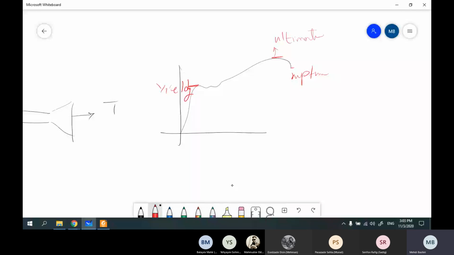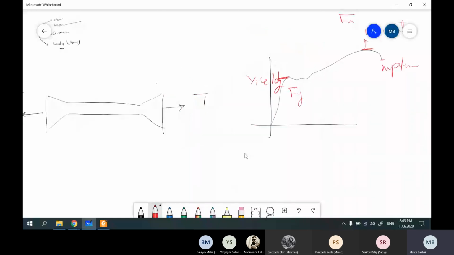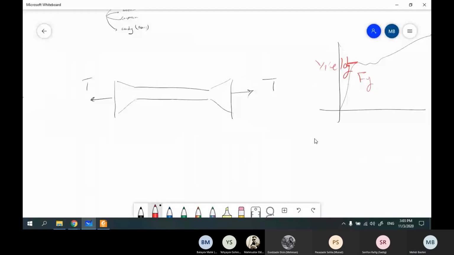We show it with Fu and we show yielding with Fy. Y stands for yielding, U stands for ultimate. So we have two failures, and when we want to design, we have to make sure that these failures are not going to happen.